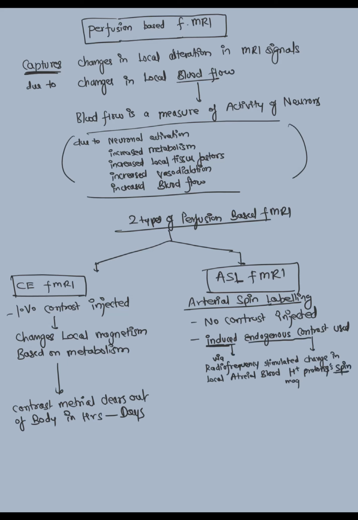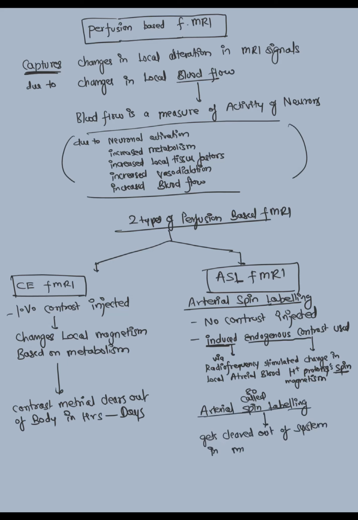So radio frequency stimulation changes the local arterial blood proton spin, so it changes the magnetism of arterial blood, and that is called arterial spin labeling, because we have labeled the arterial spin, or we have changed the arterial spin by the local radio frequency stimulation. So we have induced a contrast, that is why it is called the inducible endogenous contrast.